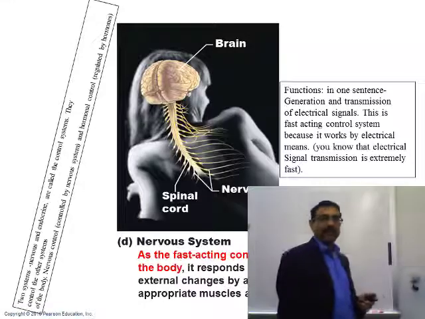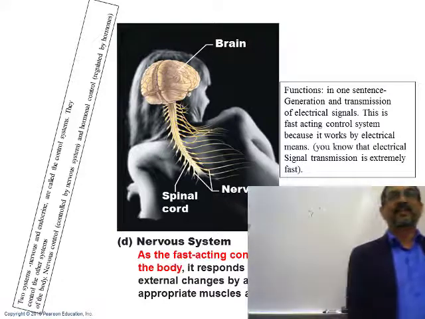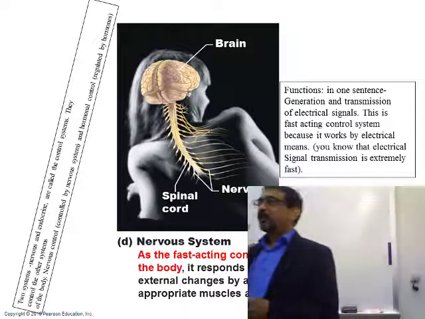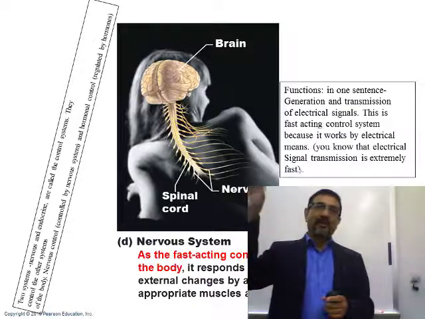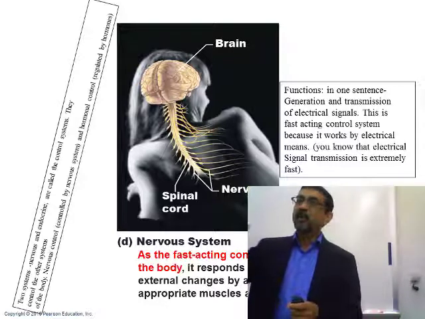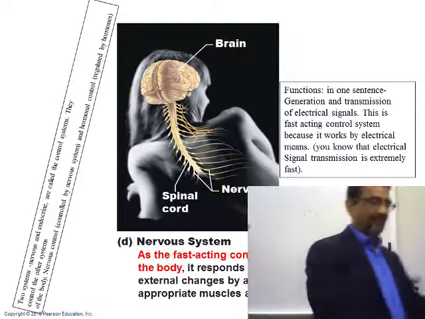Nervous system, the most important system of your body. Two systems of those 11 systems of your body are called control systems.